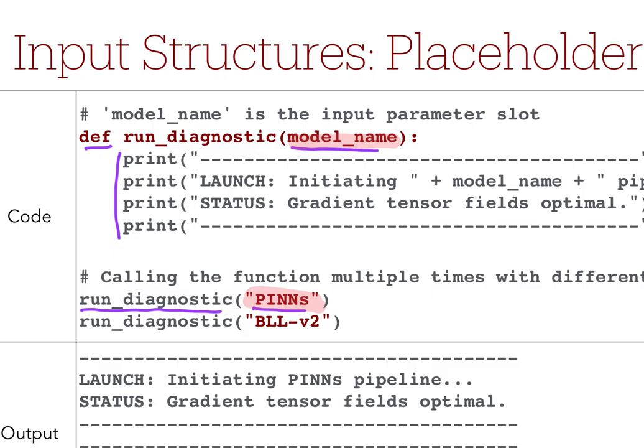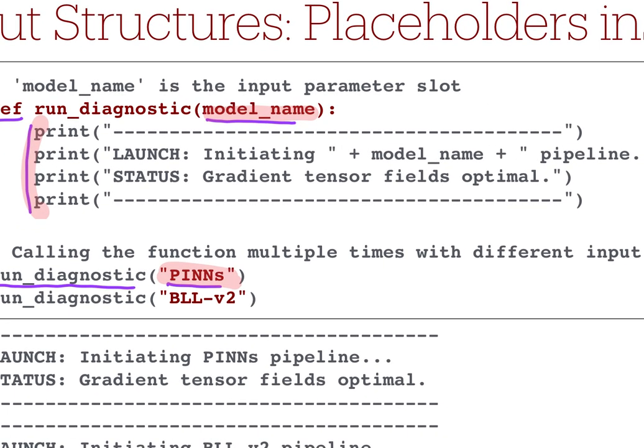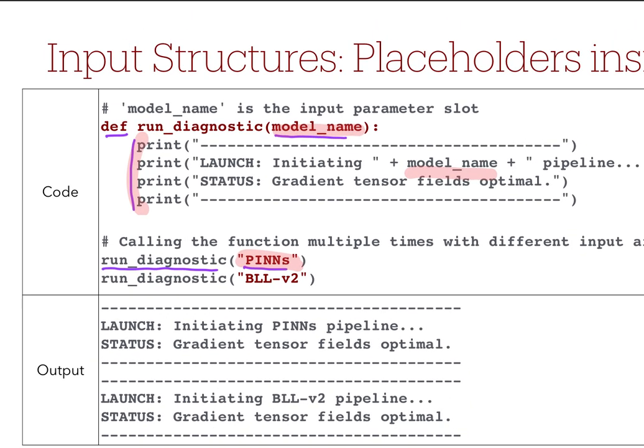When this function is called with these pins, that value, pins, will be given to the variable model name. Model name receives that value from the user, and then it will perform these statements. So when model name is printed, these pins will be printed on the screen.